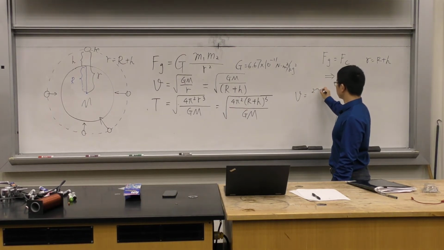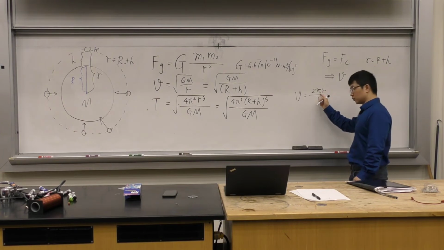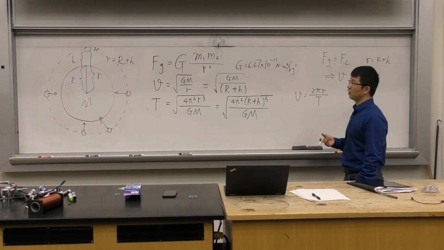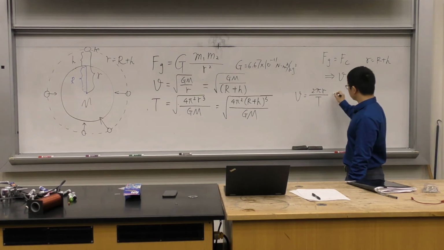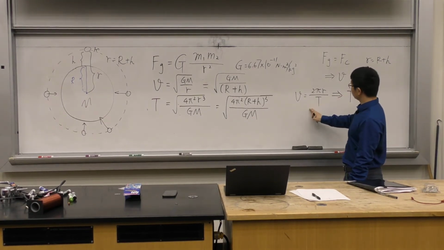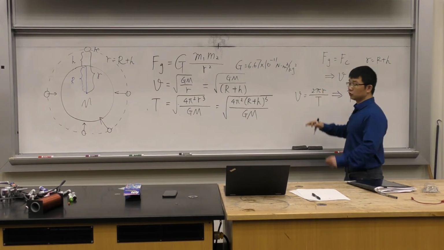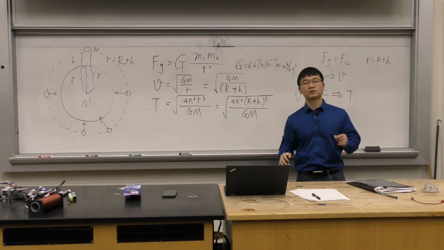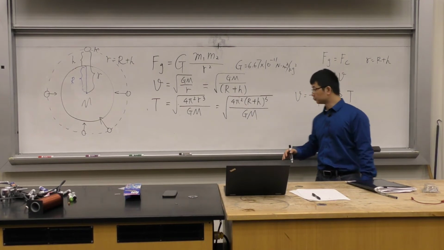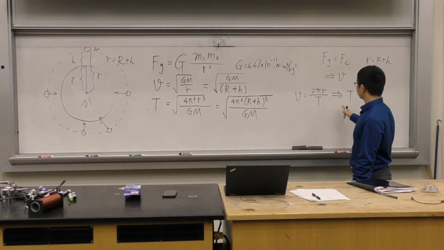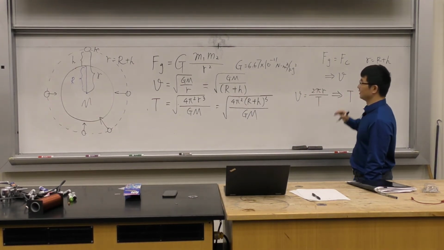If I do distance over time in one period, I get circumference divided by period. Circumference is 2 pi r. Then you use this equation and do some algebra. This algebra is a little bit harder than this, but still do everything carefully. Don't skip steps. Rearrange this equation and you will get an expression for T.